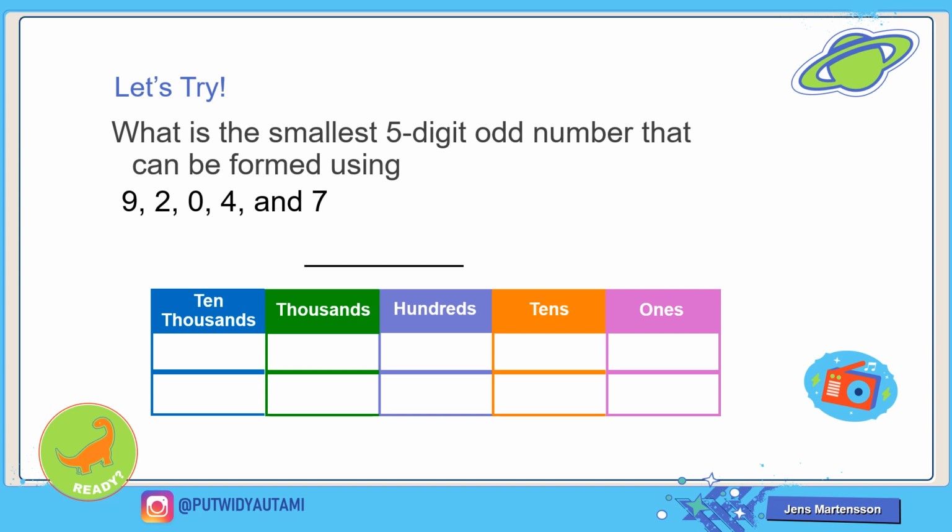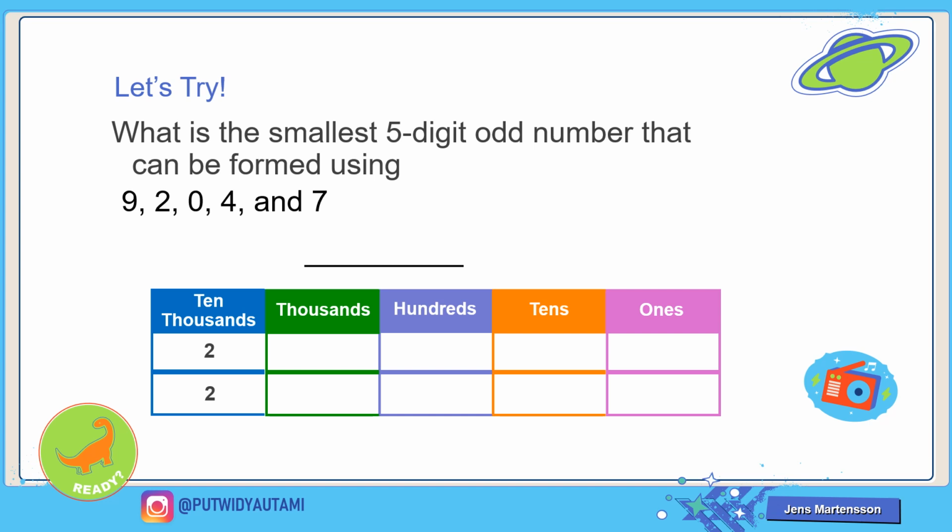Which one is the smallest? 9, 2, 0, 4, or 7? 2, yeah. Why it's not 0? Because if we put 0 in 10,000s, we just have 4 digits, but we should make 5 digits. Okay?